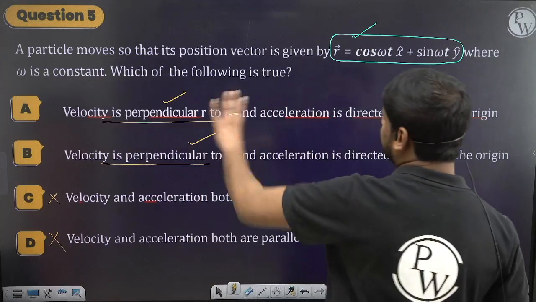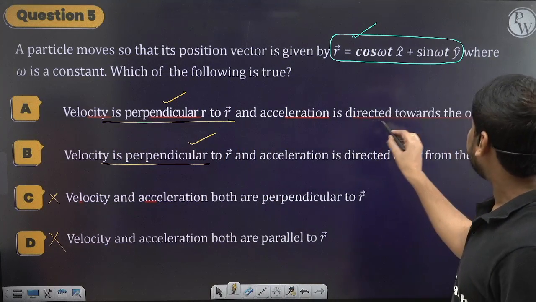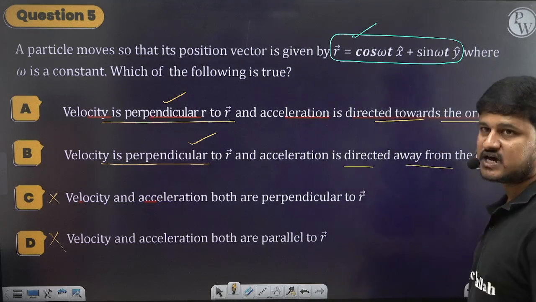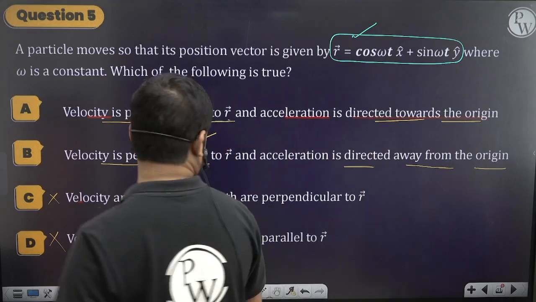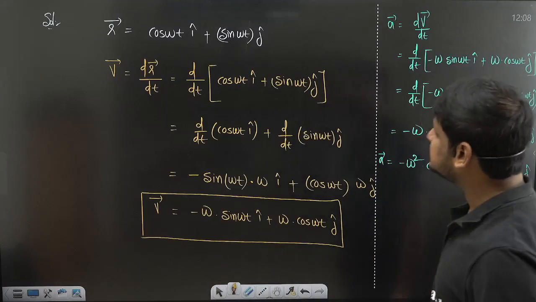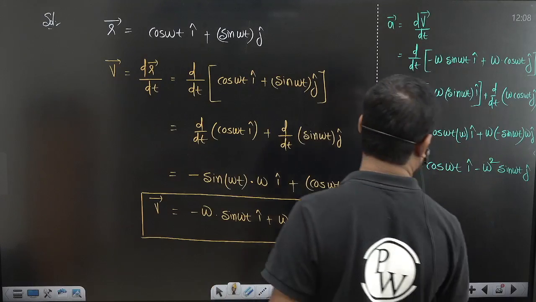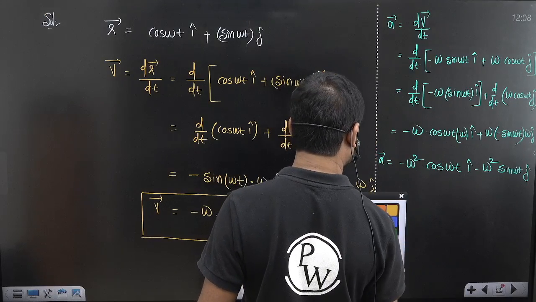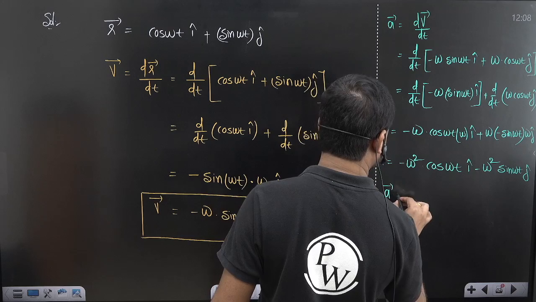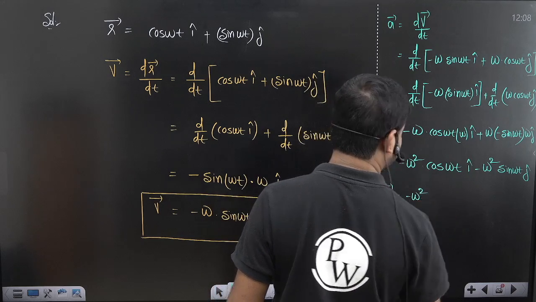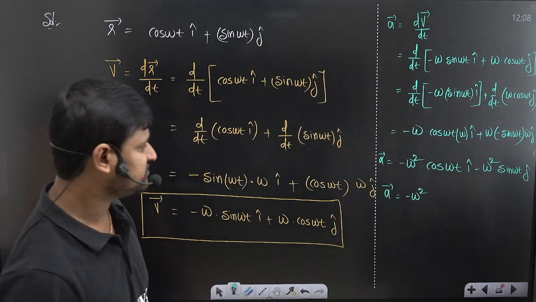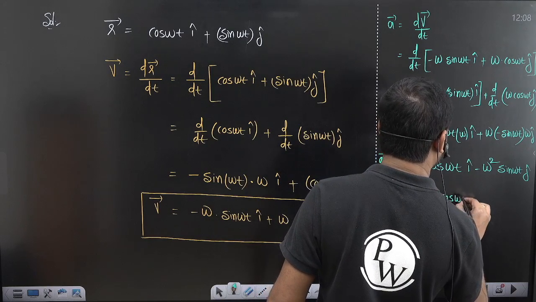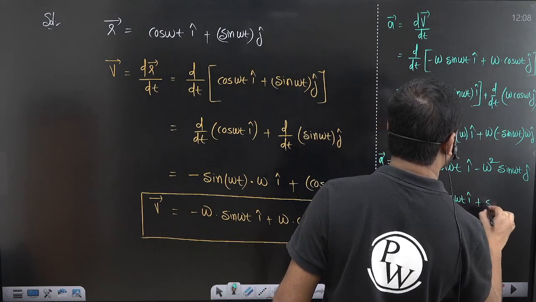So we got these two options, acceleration is directed towards the origin or acceleration is away from the origin. How do we get this? Observe the acceleration vector. I am taking minus omega square common, so that here I will get cos omega t I cap plus sin omega t j cap.